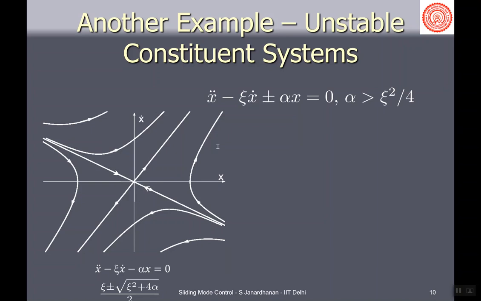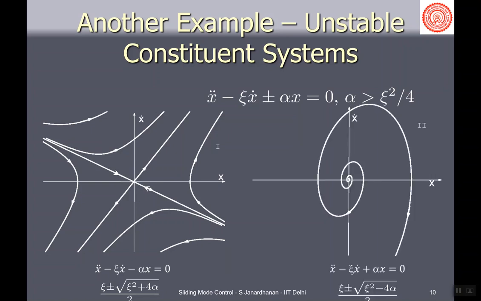Let us see if the plus alpha choice is any good. So the plus alpha choice gives me two roots again, but chi square minus 4 alpha now, because alpha being greater than chi square by 4, this would give me complex roots. So this is the imaginary part of it, which can be plus something into i and minus, and this being positive would mean that I have two unstable complex roots.